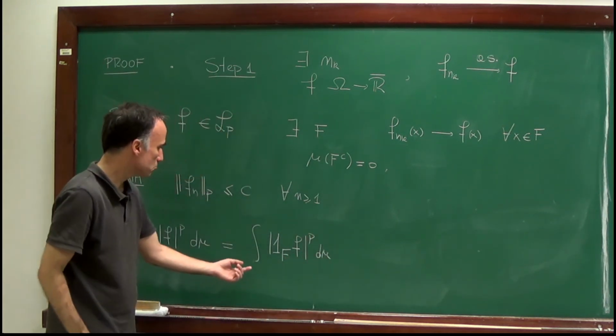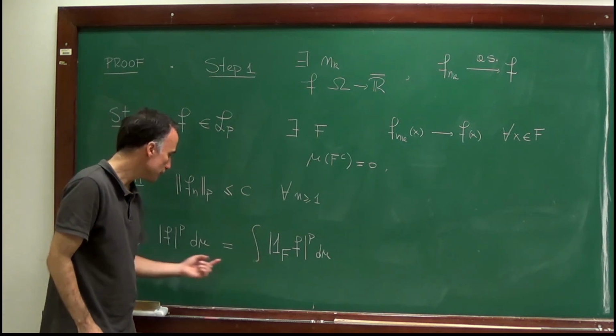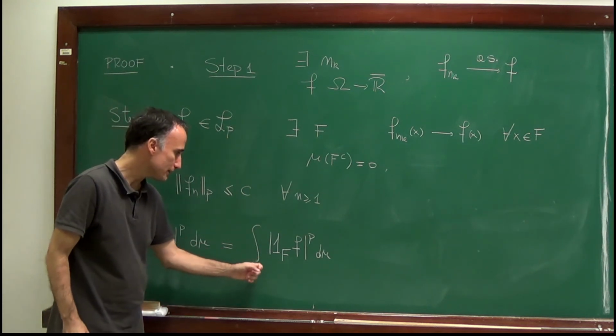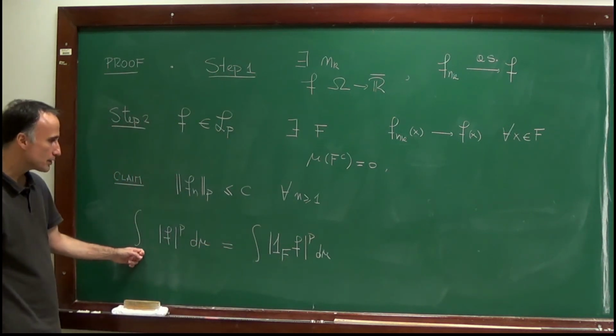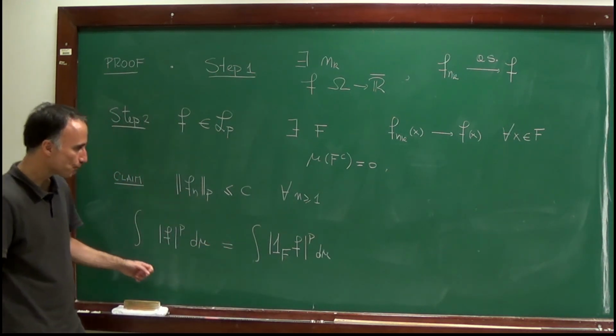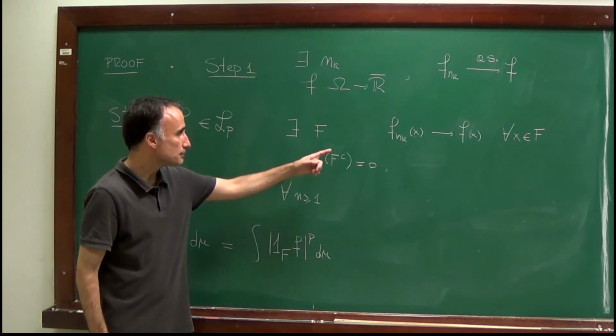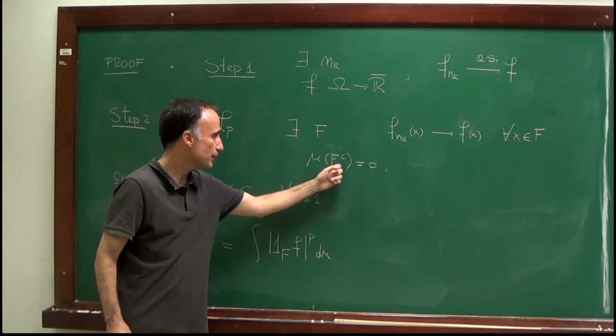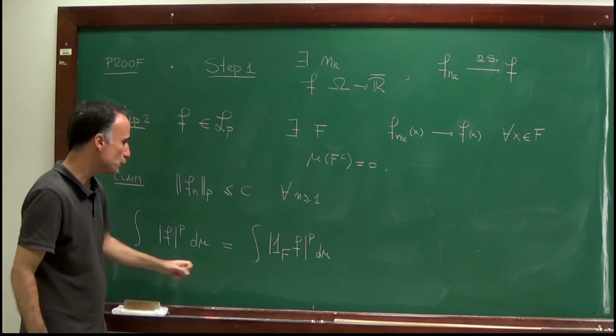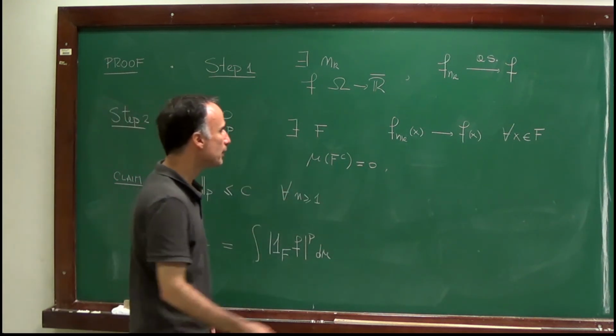Here, the difference between these two integrals is that one is integrated only on the set, while the other is integrated on omega, but since the complement of the set has measure 0, these two integrals are equal.